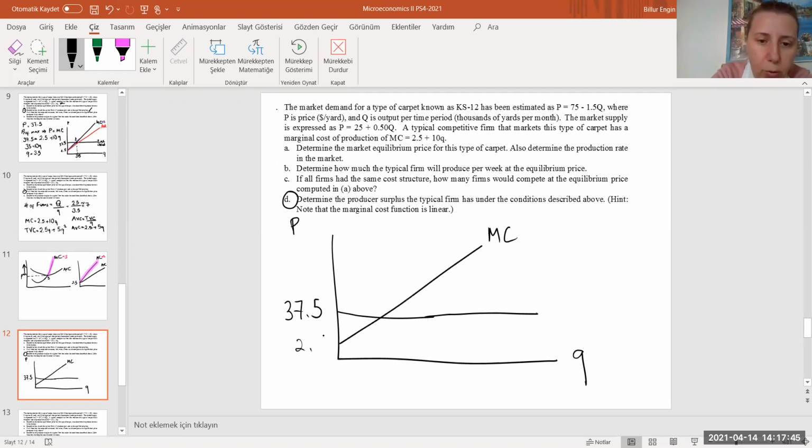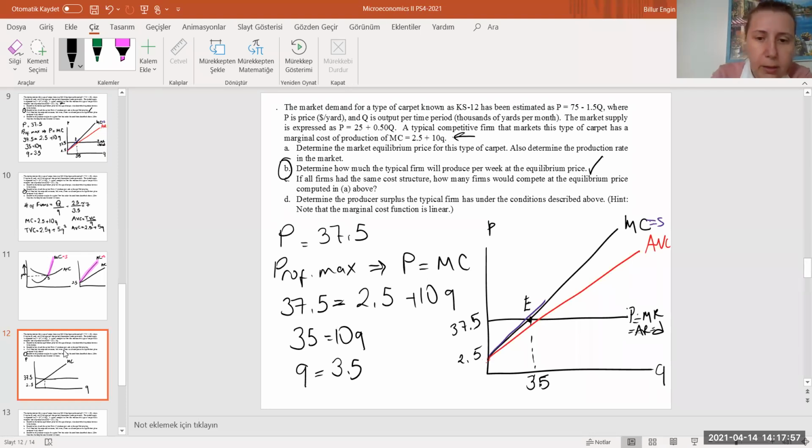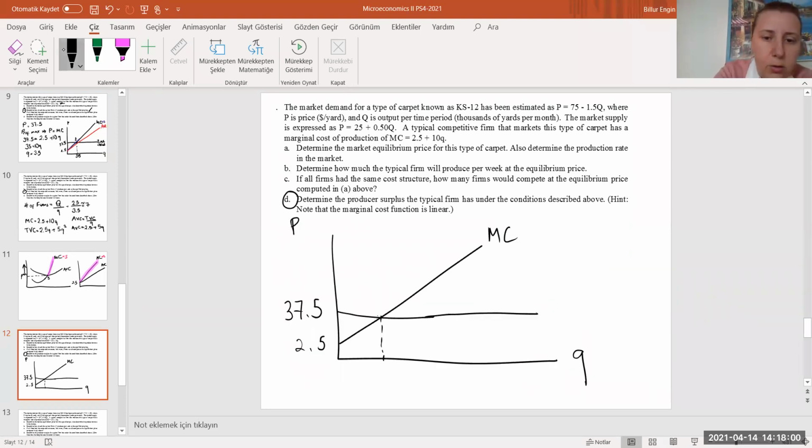It starts from 2.5, and the equilibrium quantity for each firm is, what was it? 3.5, yes. It is 3.5, right? So in that case, the producer surplus for each firm is the area between marginal cost or supply and the equilibrium price, that is price, marginal revenue, average revenue, and demand. So that area is the producer surplus area.